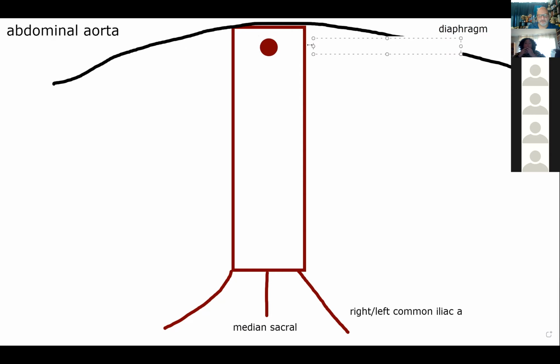Excellent. Ooh, there's that word trunk again. I know trunk means that this is a very short blood vessel that is going to branch almost immediately. And when it branches almost immediately, how many branches does it form? 3. Excellent. What are they? Common hepatic artery.